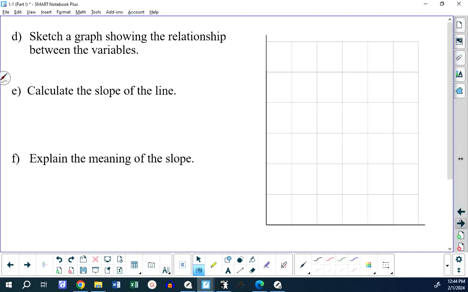Let's label things first. And I'm going to put a title on this, and it's going to be volume compared to time. We always want to, everybody, always, in this class, write titles of graphs that way.